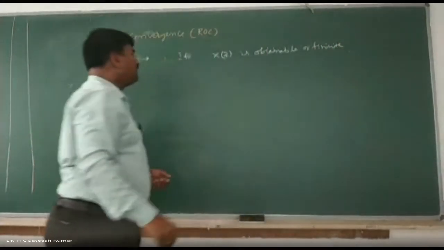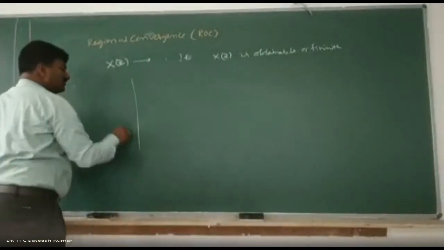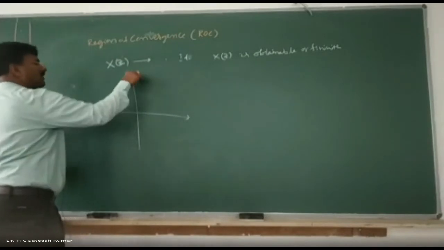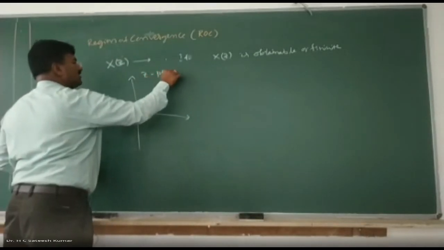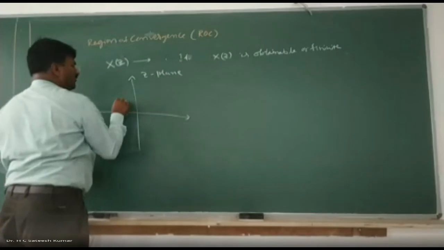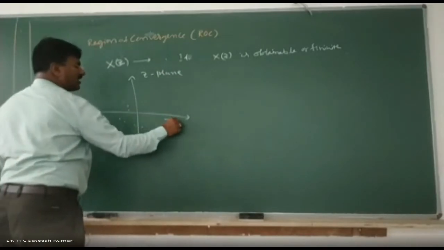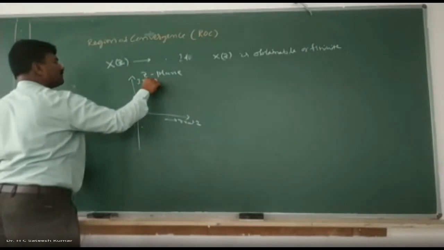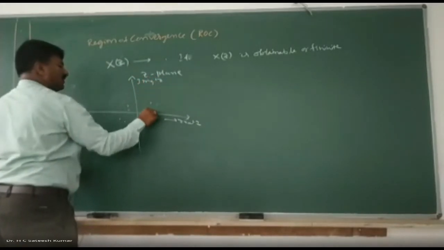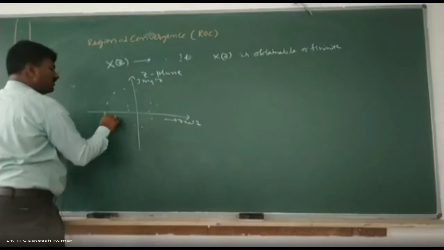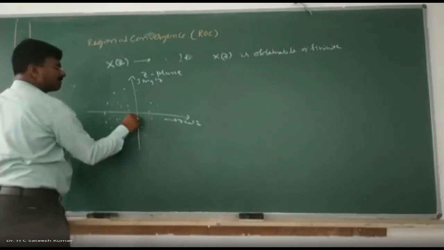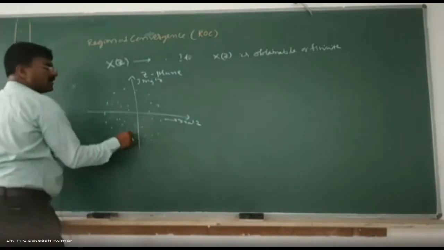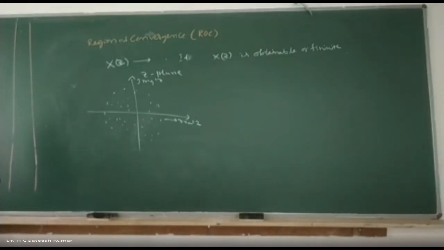Then what do you mean by region of convergence? Let us consider the z plane. This is the real part of z, and this is imaginary z. This is the region wherein different values of z exist.